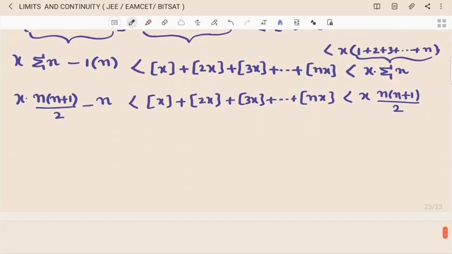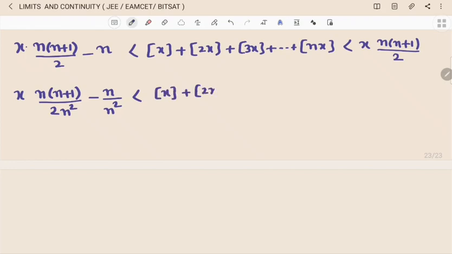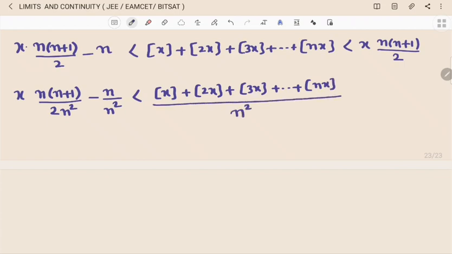So in each and every term of this inequality, dividing by n squared: x into n plus 1 divided by 2 into n squared minus n by n squared is less than [x] plus [2x] plus [3x] plus and so on [nx] by n squared is less than x into n plus 1 divided by 2n squared.